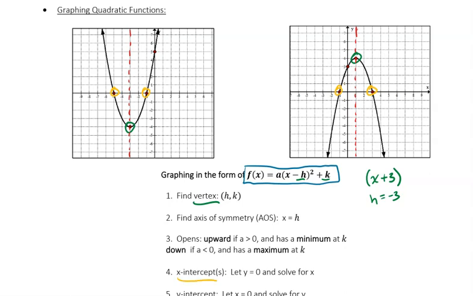If you want the y-intercept, you set x equal to 0 and solve for y. And that will give you the point where it crosses the y-axis. Using all of these, we can get a pretty good idea of how it looks, and we can sketch the graph.